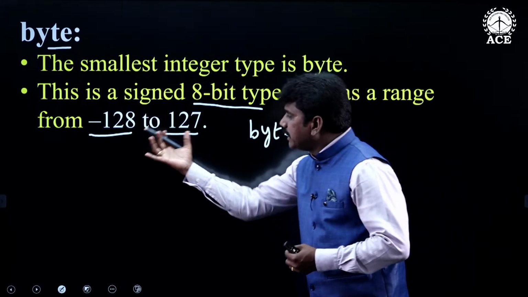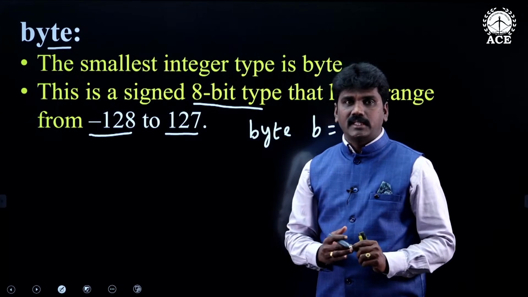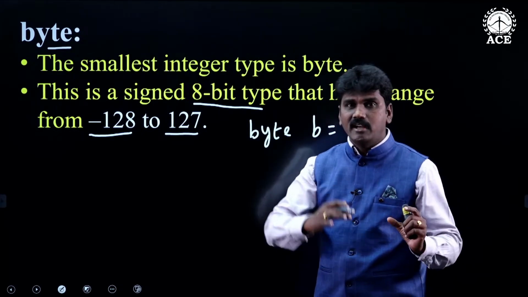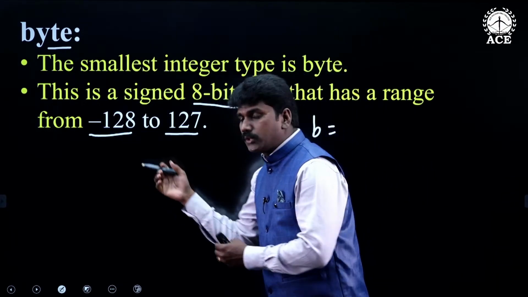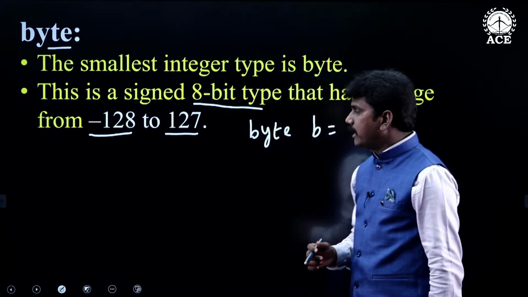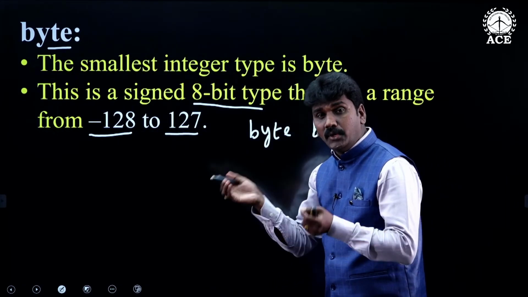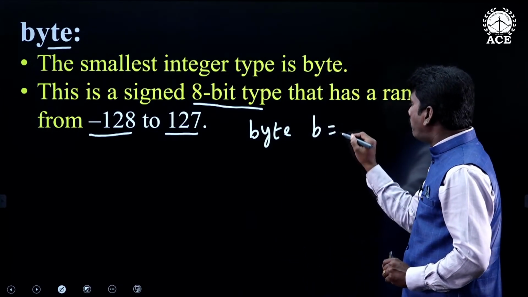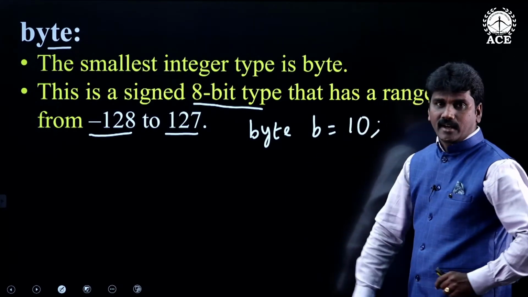It contains a combination of negative and positive values, from minus 128 to 127 including 0 also. If I assign byte b is equal to 10, is it valid or not?